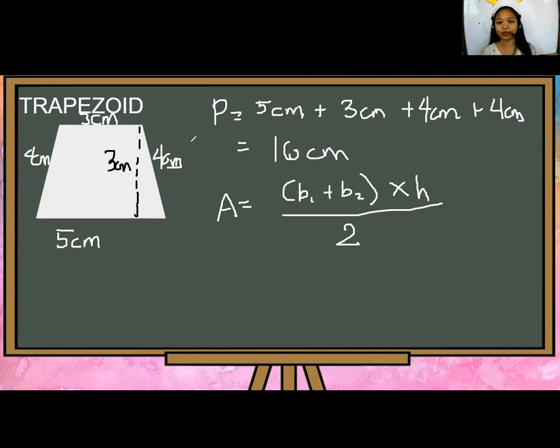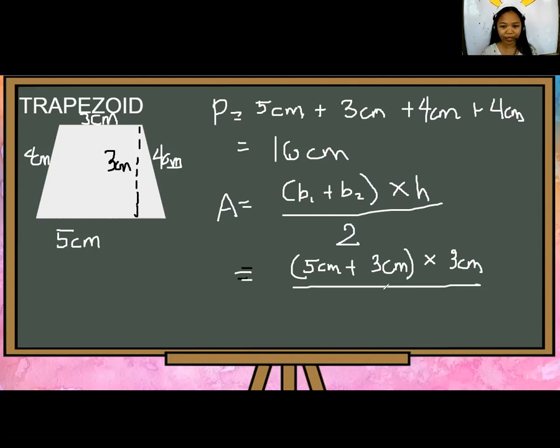Okay, let's do this one. So first, base 1, that is 5 centimeters plus base 2 is equals to 3 centimeters times height is equals to 3 centimeters over, or divided by, 2.